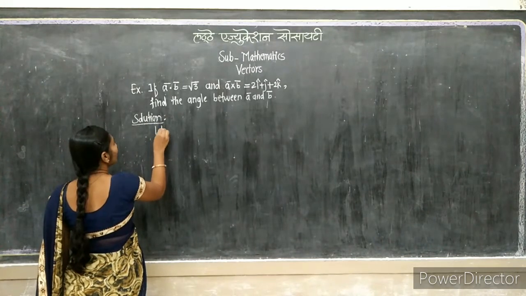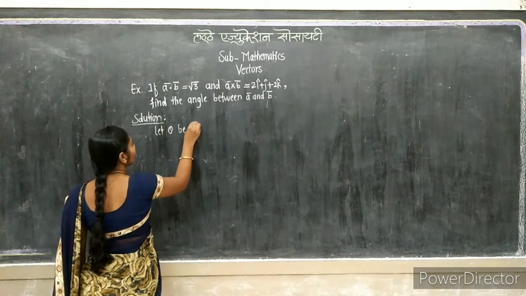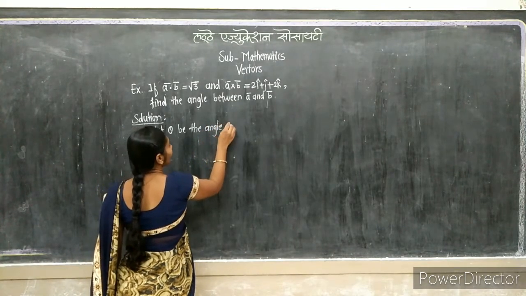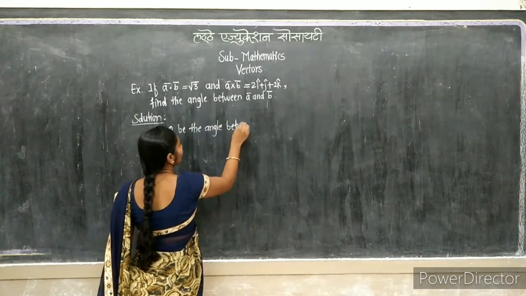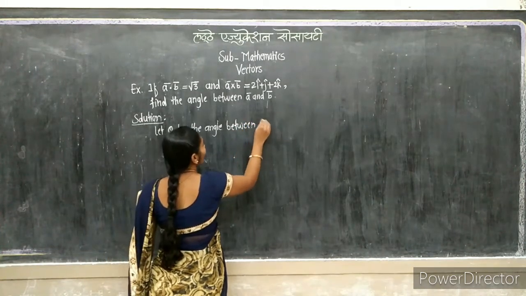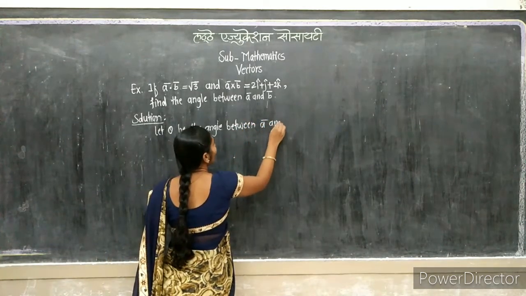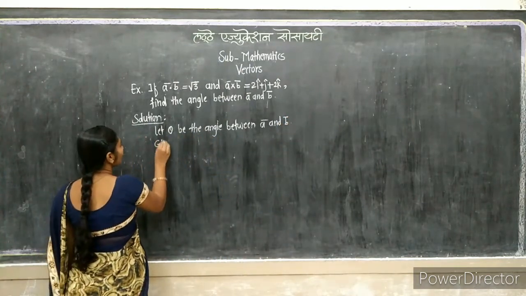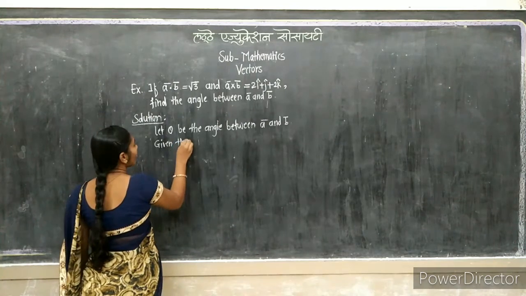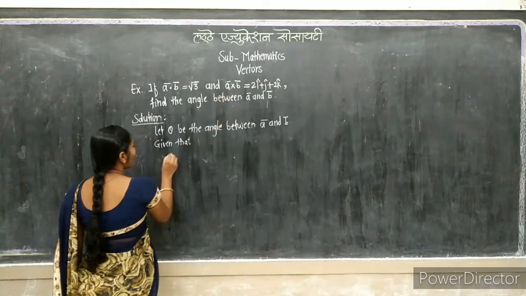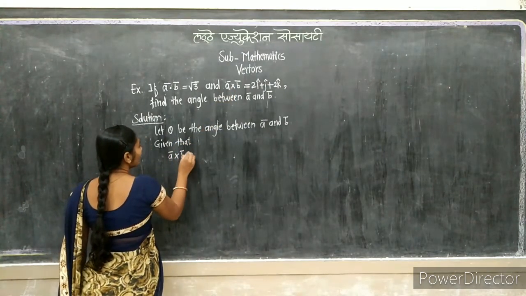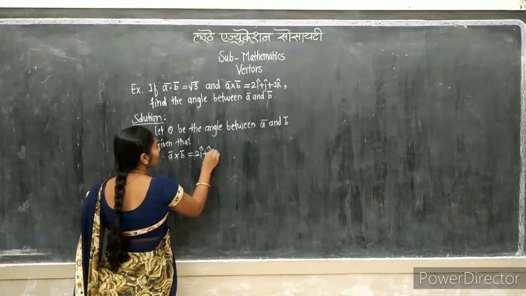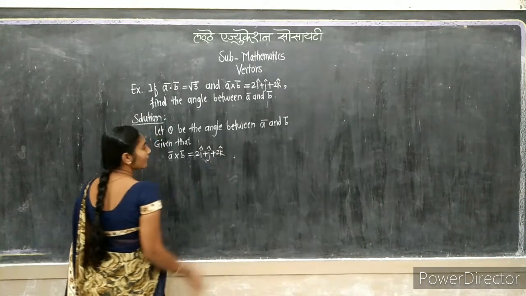Let theta be the angle between a bar and b bar, given that a bar cross b bar is equal to 2i cap plus j cap plus 2k cap.